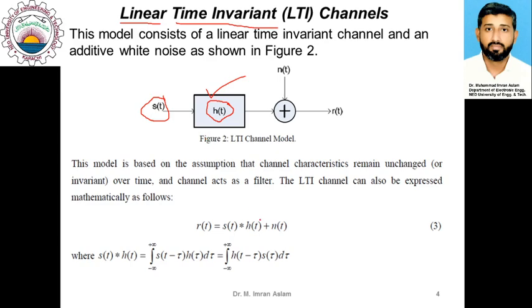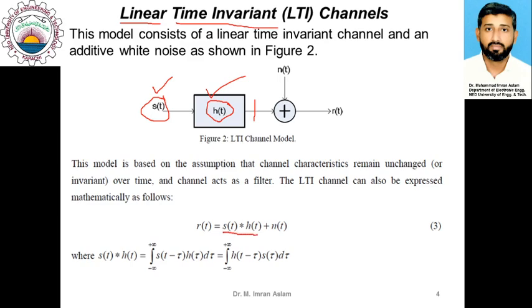This channel is acting like a filter, so its response is represented by its impulse response h(t). As I said, this channel is behaving like a filter, so it's a simple system or LTI system. So this output will be the convolution of this input, which is s(t), and this impulse response.